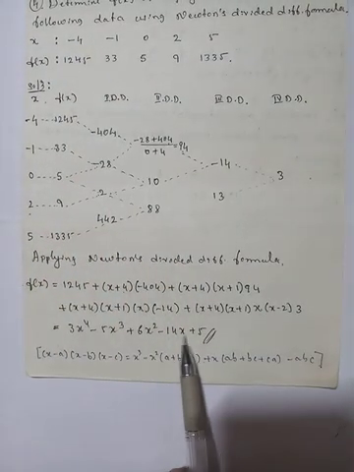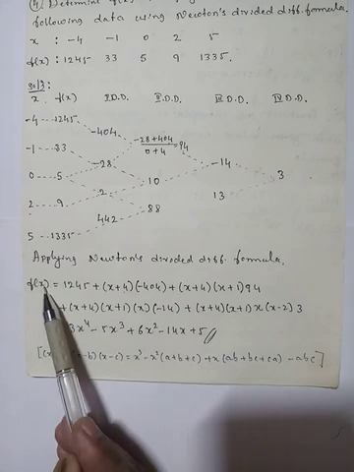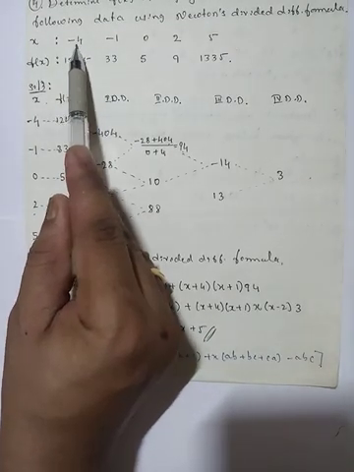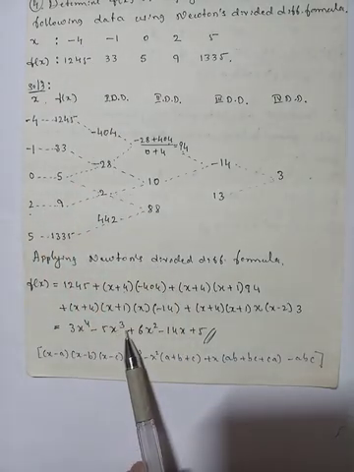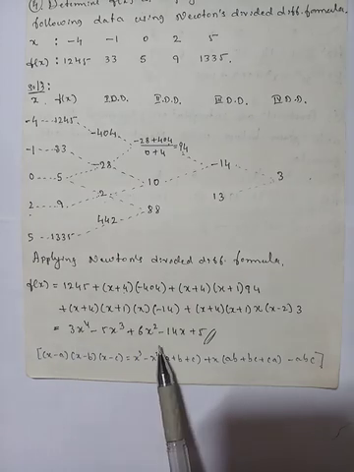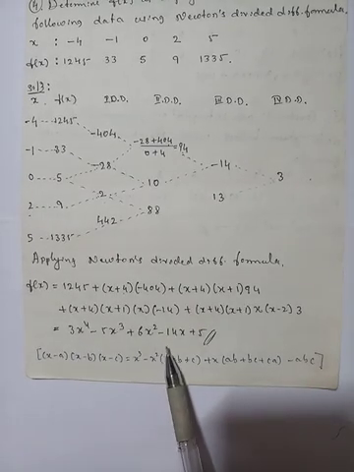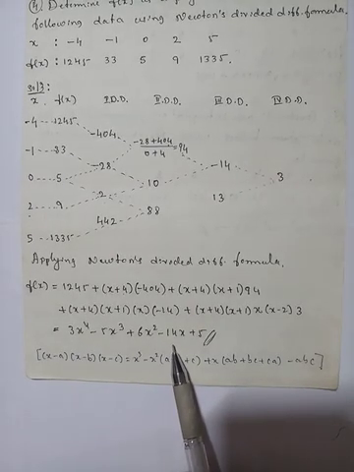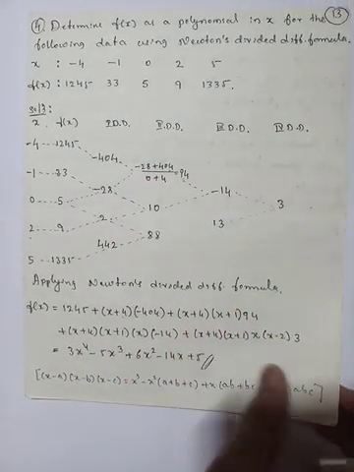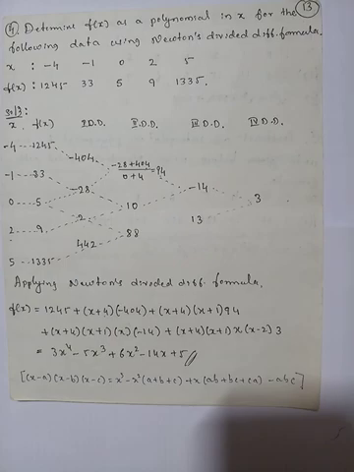Putting x equal to minus 4, f of minus 4 should be 1245. If you get 1245, then your answer is correct. This is the way you can verify your answer. This is one type of problem. Similarly we can try some other problems. Okay, thank you.